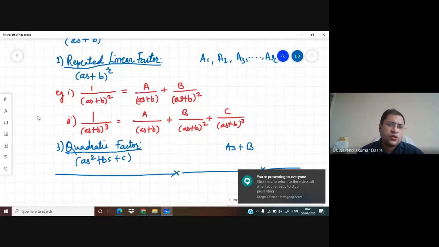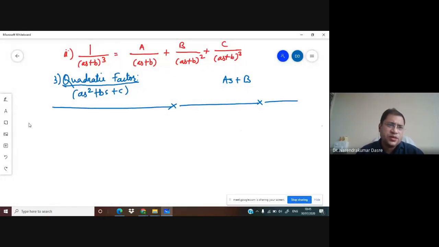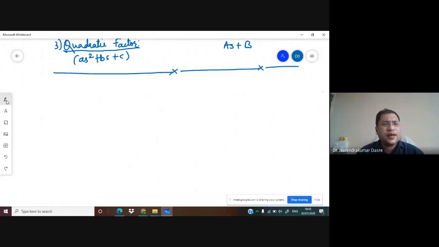Here we'll try to solve examples based on this. I want you to have your calculators with you, so please take your calculators. We'll need them, and I'll go with the example.